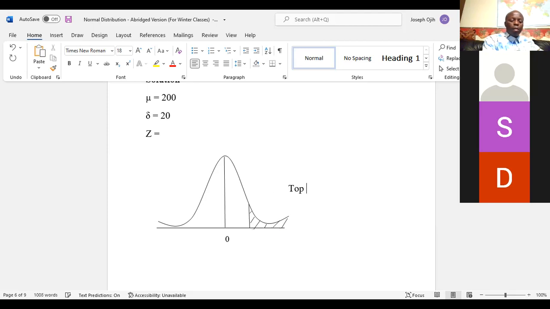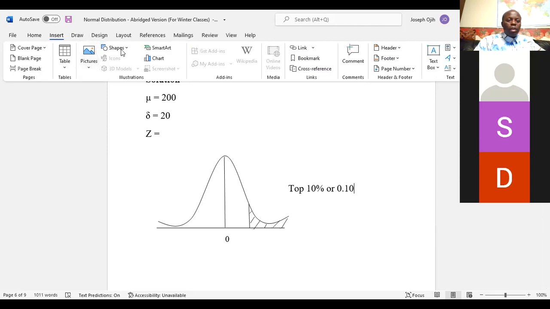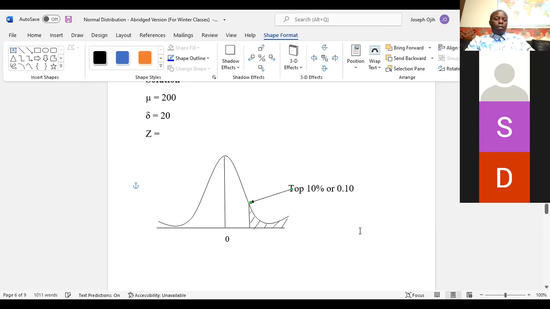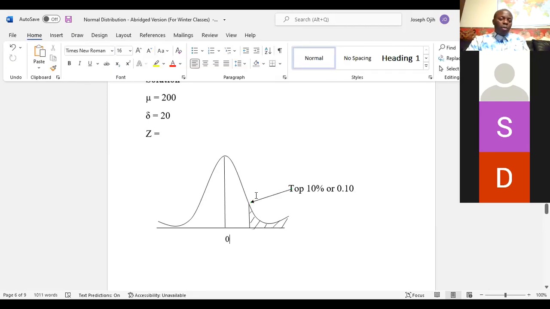Top 10%, or you can call it 0.1, okay, which is right here. It is located at this spot here. See the cutoff mark right here. Yeah, now, and then everything will become the 90%. But this is where I look at the cutoff mark for the top 10%, which is our Z.